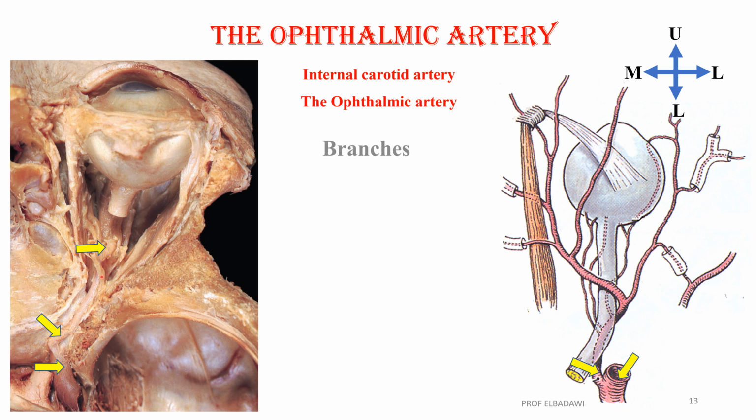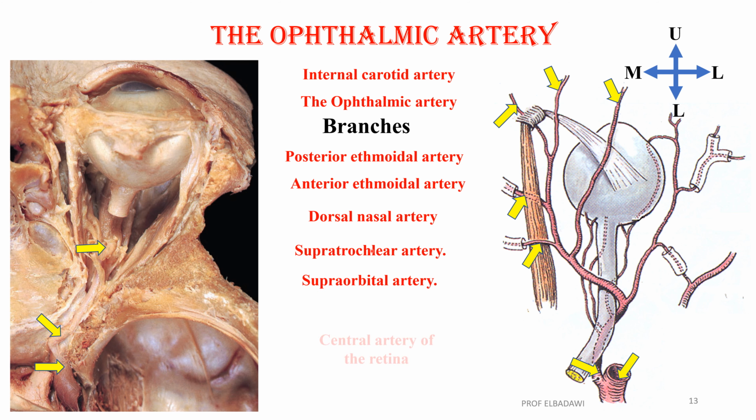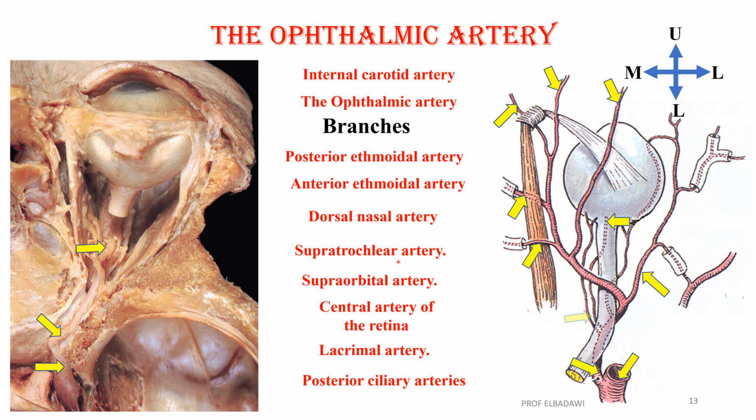And then these are the branches which we said: posterior ethmoidal, anterior ethmoidal, dorsal nasal, that is the terminal branch of this one here, and supratrochlear, and the supraorbital, the central artery of the retina here, the lacrimal artery is this one, and the posterior ciliary arteries are those ones here. That is the branches of the ophthalmic.